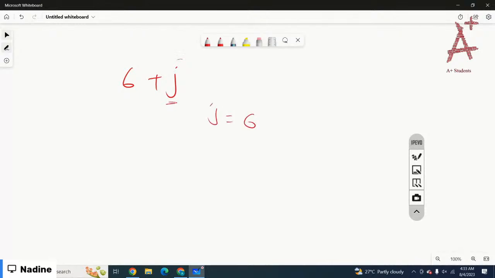Just replace the variable j with its value. The value of j is 6. So just replace the j with 6 and evaluate. 6 plus 6 is 12. So it is 12, right?